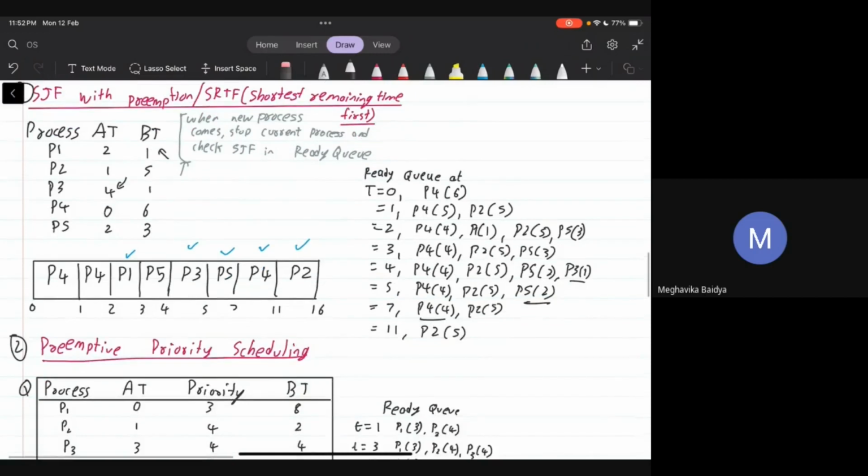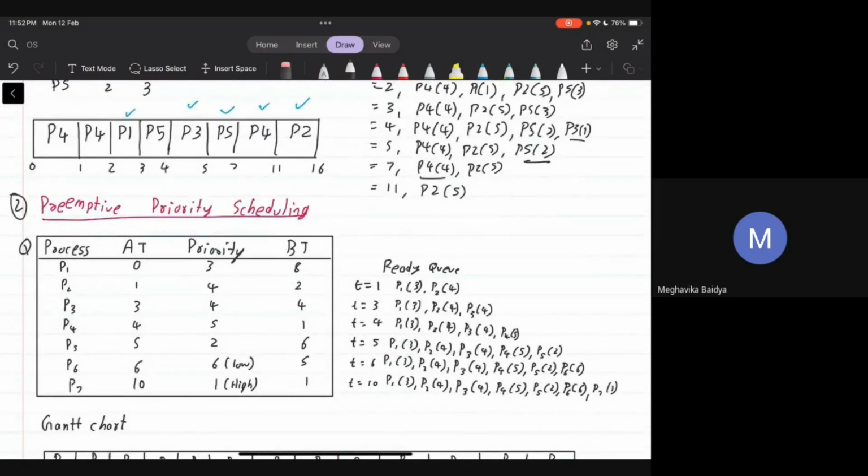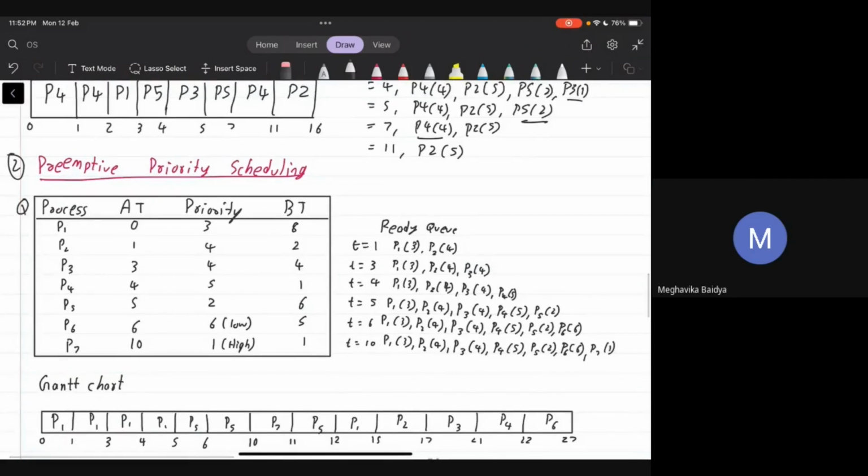Now the next one is preemptive priority scheduling. Here, what happens is you have to look at the priority. Let's see how. At t equals to 0, we have P1 of priority 3.